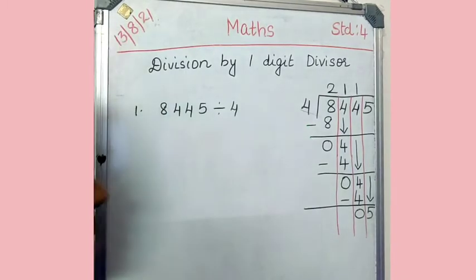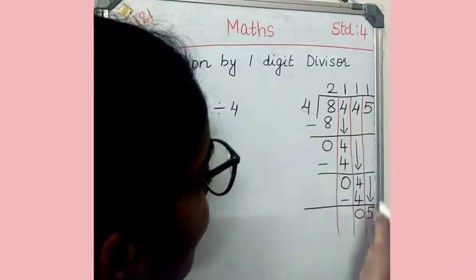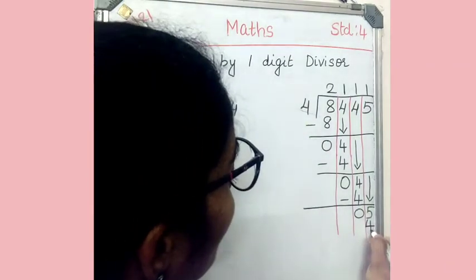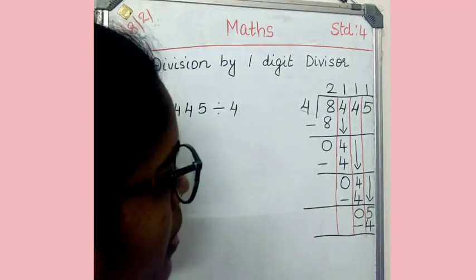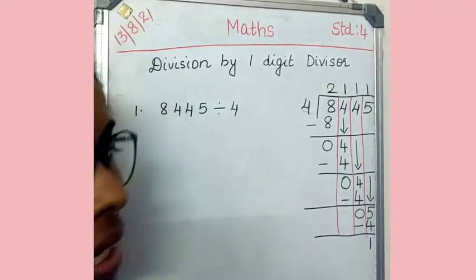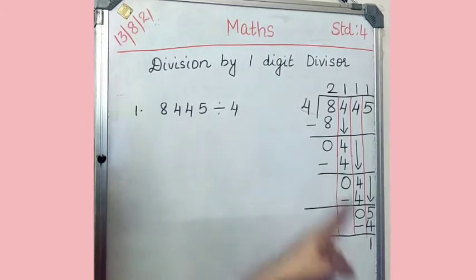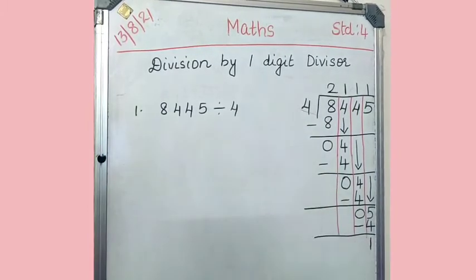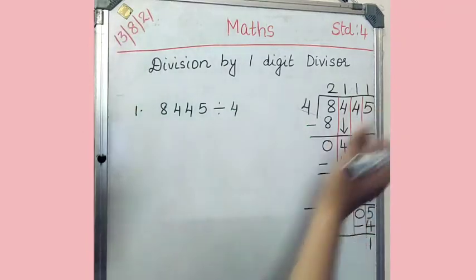5. Is the division over? No. How many times 4 in 5? 1 into 4 equals 4. Draw a line. Put the symbol of subtraction. 5 minus 4, 1. Now the division is over. We got a remainder less than the divisor, and there are no more digits on the right side.